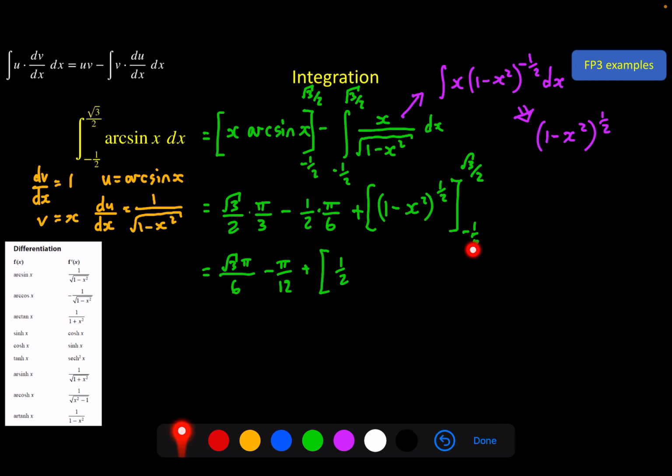Minus a half squared is a quarter, 1 minus a quarter is 3/4, square root of 3/4 is root 3 over 2. And I don't need those big brackets there. That is my answer.